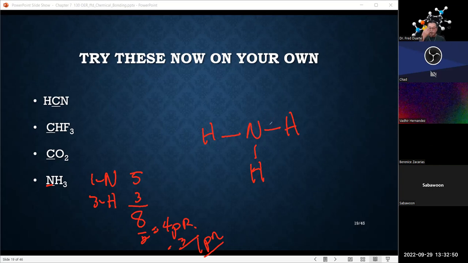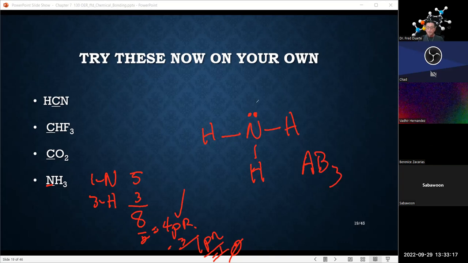So the only logical place to put that lone pair is on the nitrogen. And that takes care of the pair. So go back and check, we still got 4 pairs, which is what we started off with. And we're good. General formula is A, and then B3, because there are 3 hydrogens here.